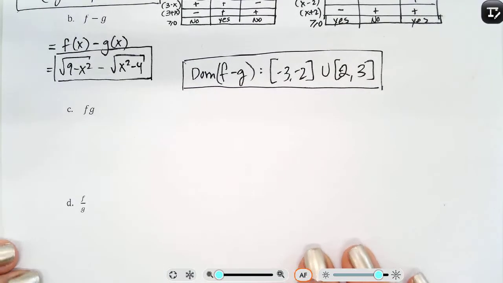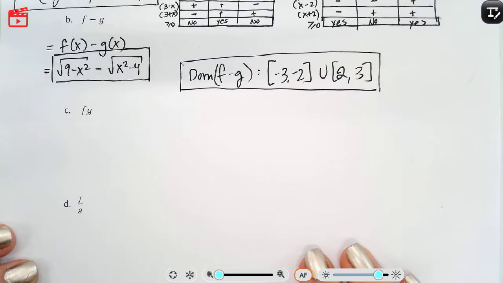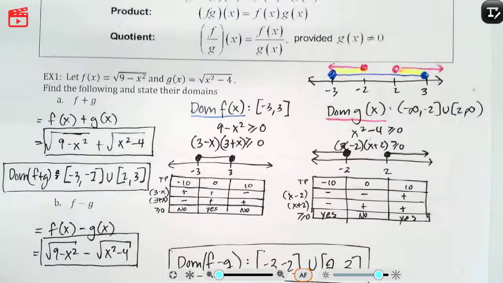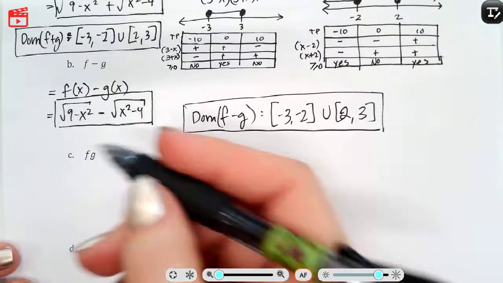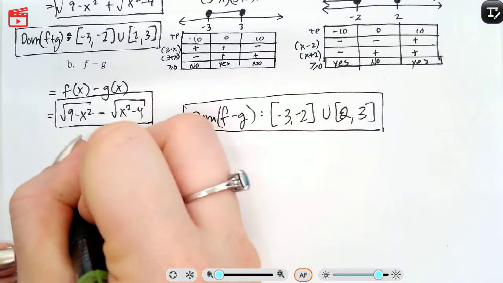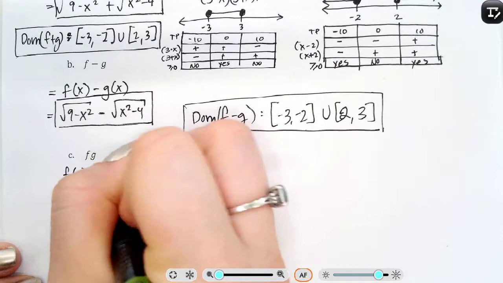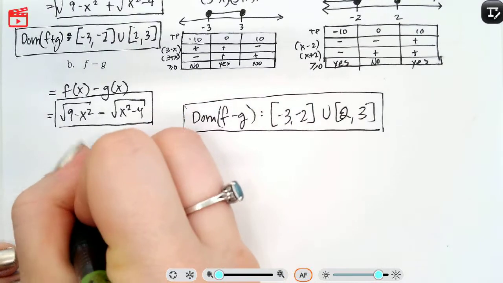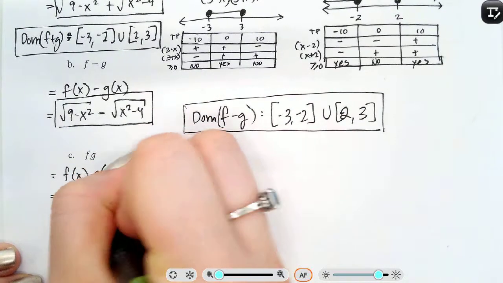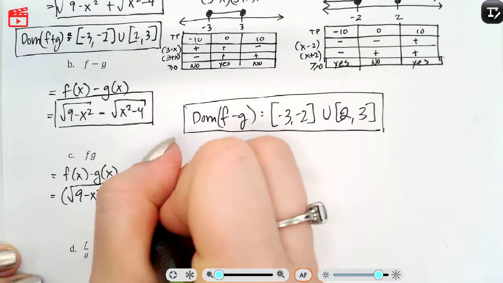All right, so now let's take a look at the product. So for the product, you're going to take this function and multiply it to the other function. So f of x times g of x, that's going to equal the square root of 9 minus x squared times the square root of x squared minus 4.